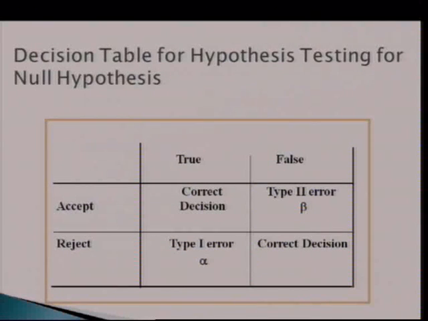Similarly, when the null hypothesis is false and we are rejecting it, that is a correct decision. But when the null hypothesis is false and we are accepting it, then we are committing a type 2 error, which is known as the beta error. Similarly, when the null hypothesis is true and we are rejecting it, then this is type 1 error, which is known as the alpha error also.